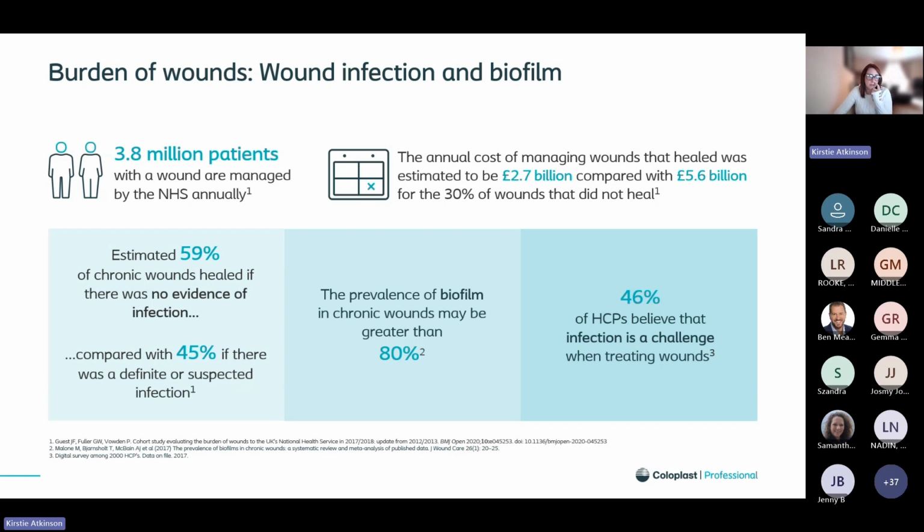Now it's estimated that 60% of chronic wounds heal if there's no evidence of infection, compared with the 45% if there's been a definitive or suspected infection. So it's quite a big jump. There is a prevalence of 80% of wounds that will have a biofilm present in them. And as we go through the session today, we'll understand how that makes it more difficult for wounds to heal.